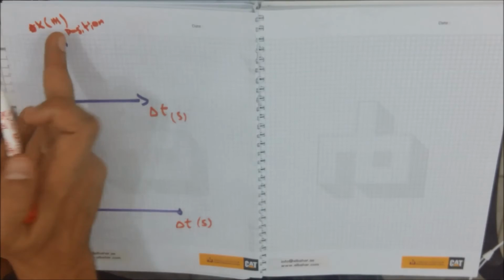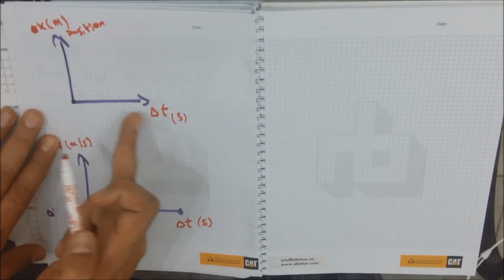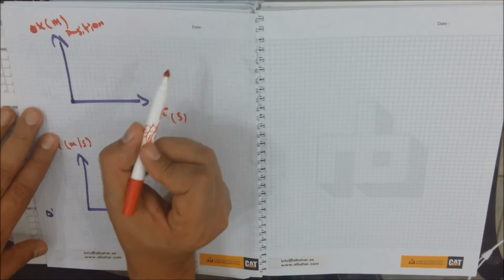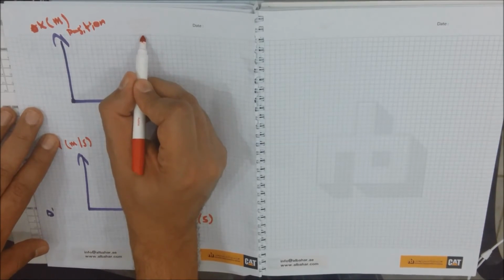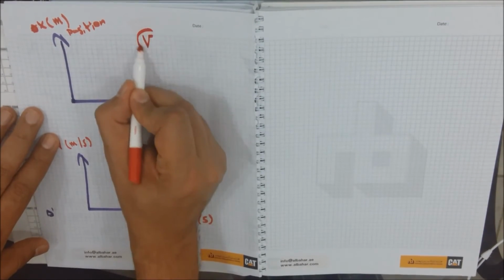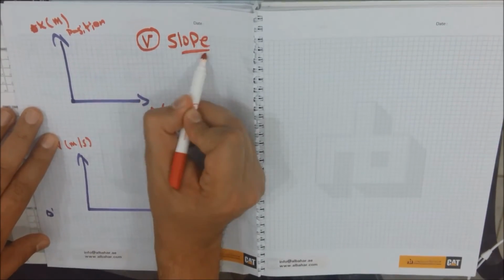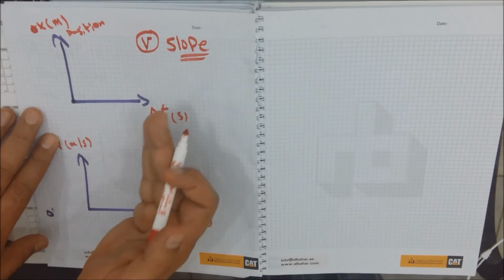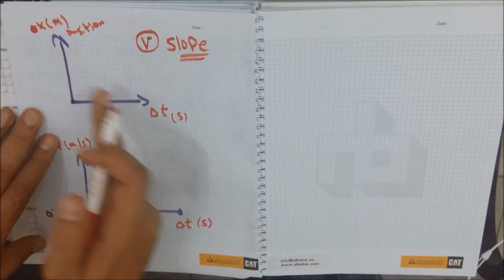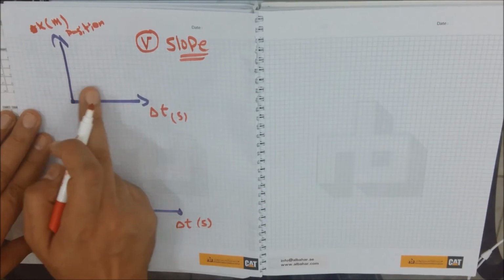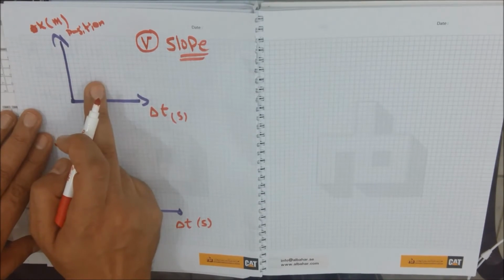If I have position and time, what I am describing here is the velocity. Basically the slope here is the velocity, which is the rise over the run. The rise over the run, delta x over delta t, would give you the velocity. So I am going to describe the behavior of the velocity in this graph.